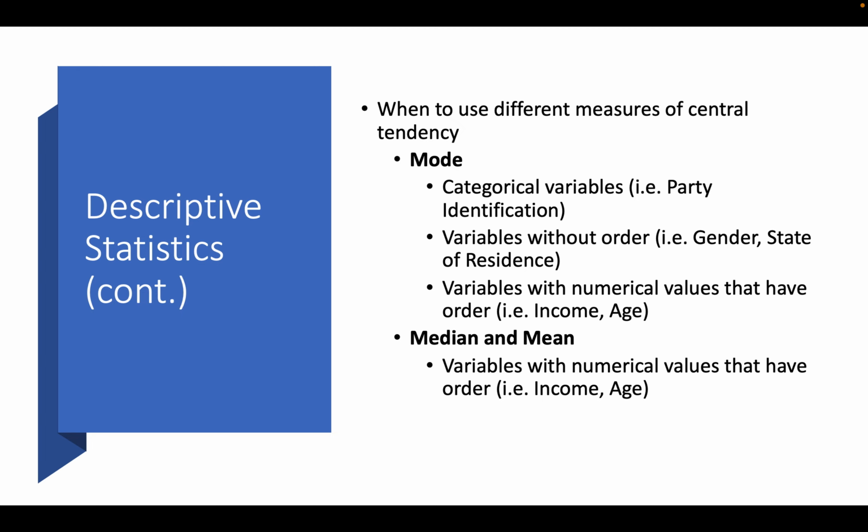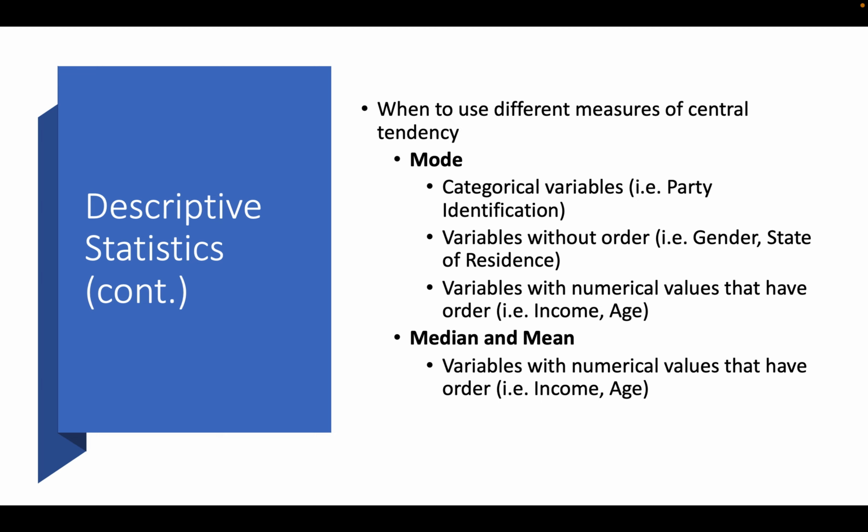So when should we use these different measures of central tendency? The mode is very useful in terms of a categorical variable, and also variables without order. So party identification is a categorical type of variable, where people put themselves into various categories, and variables without any particular order, such as gender identification or one's state of residency.